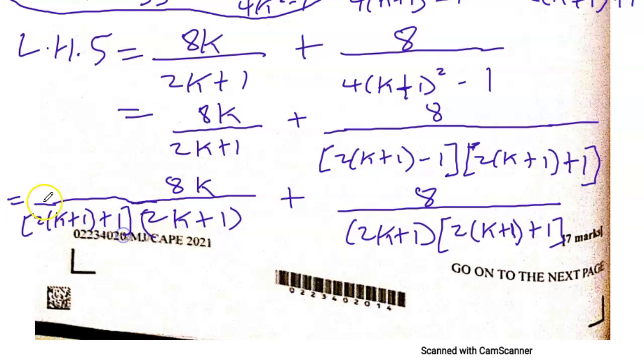But remember the whole idea of equivalent fractions: we have to multiply the numerator by the same thing, which is 2 into (k plus 1) plus 1.